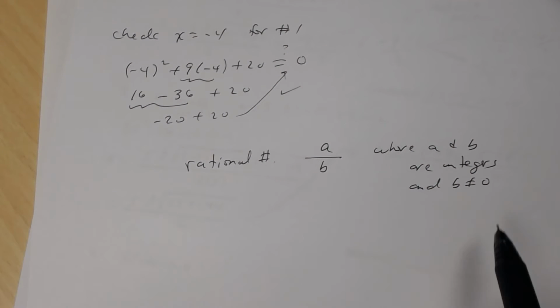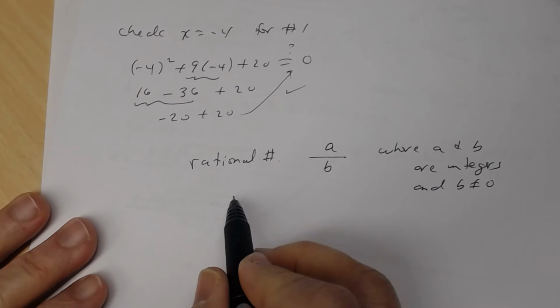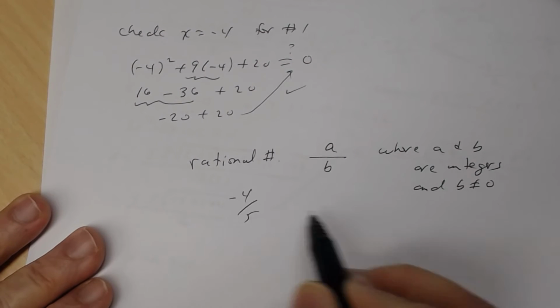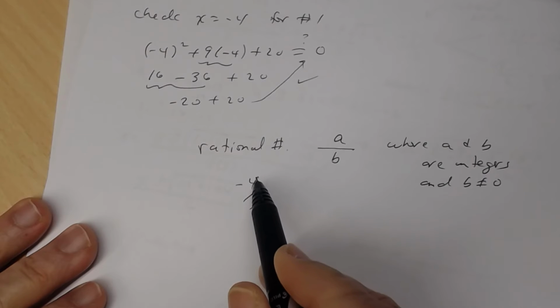All right, so that would make it undefined. So b cannot be 0. So for example, some examples would read like negative 4/5. That's a rational number. I have an integer divided by an integer.